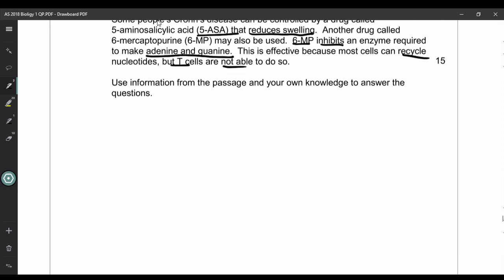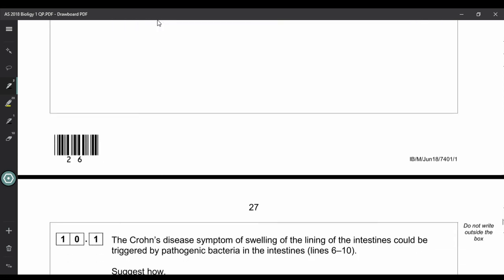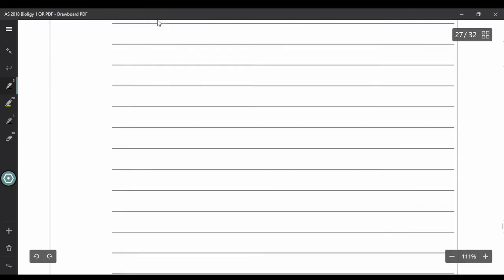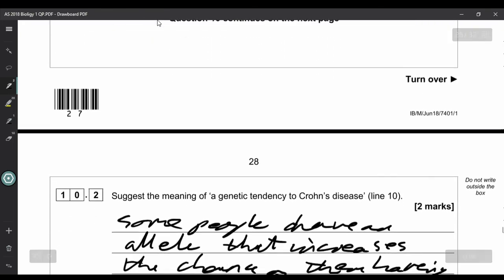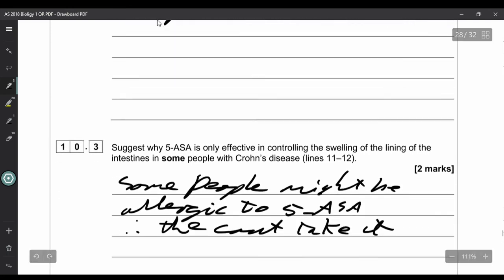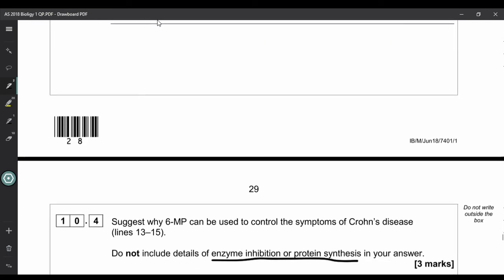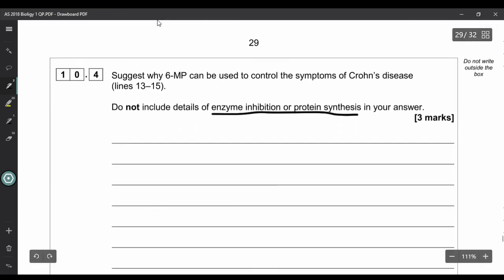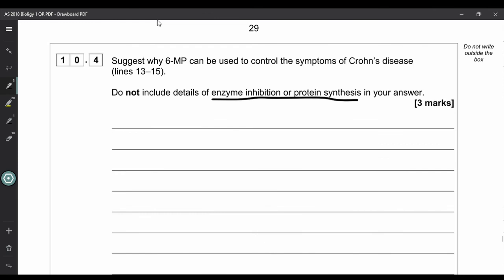So again, this question is showing that we can extract information out of these passages to answer a question we've been given. And again, we're not to talk about enzyme inhibition. Okay, so if the T cells don't have A and G, then what does that mean?